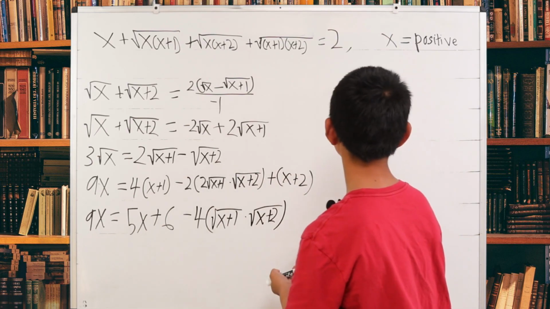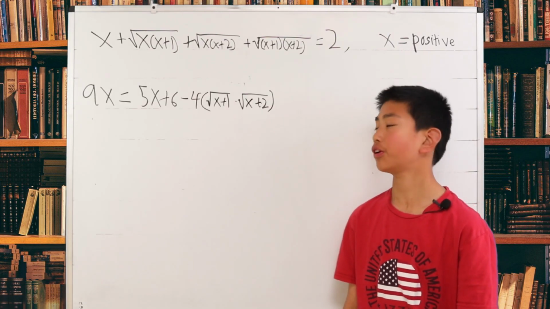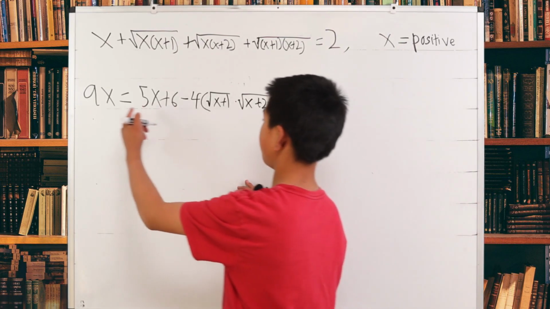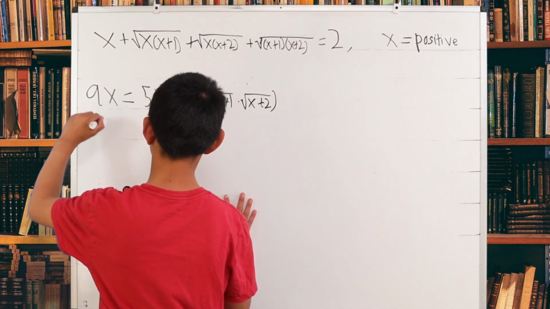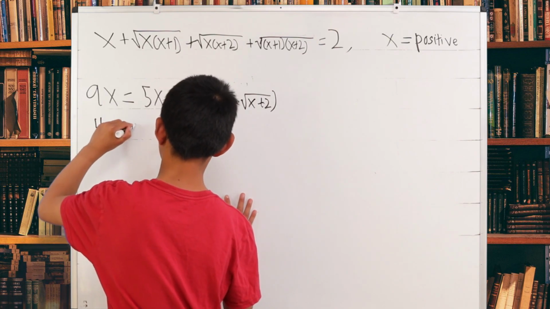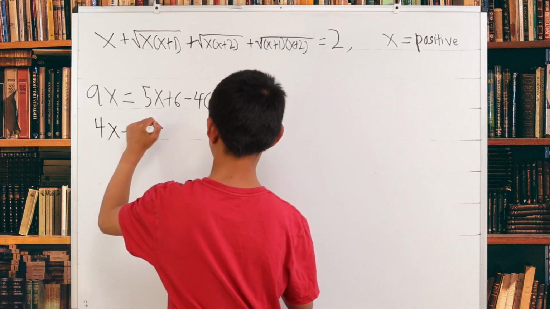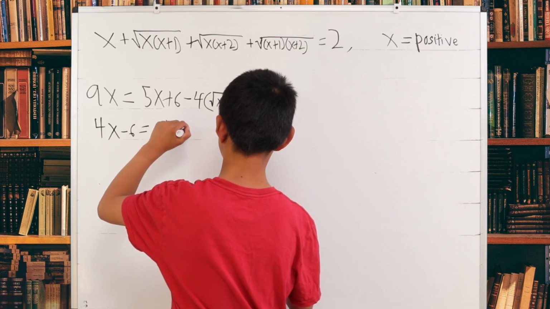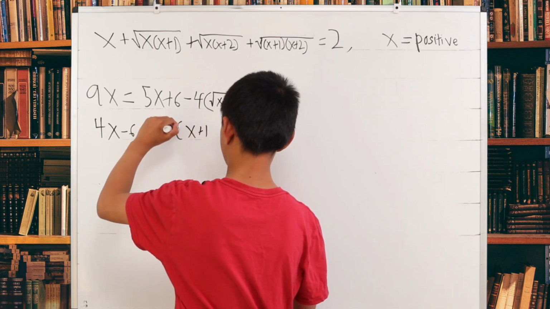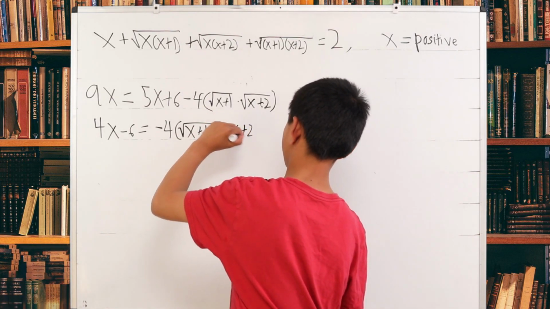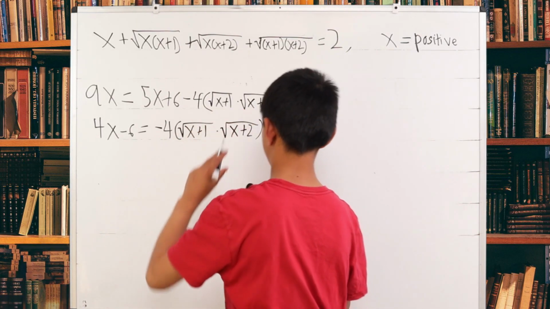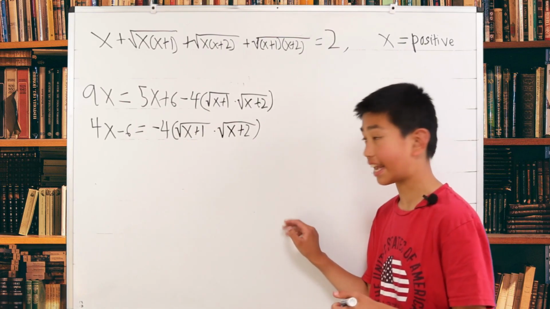Right there. Now the rest is pretty easy. You subtract 5x and 6 from both sides. So what you have here is now 4x minus 6 is equal to negative 4 times the square root of x plus 1 times the square root of x plus 2. Now you square both sides again.